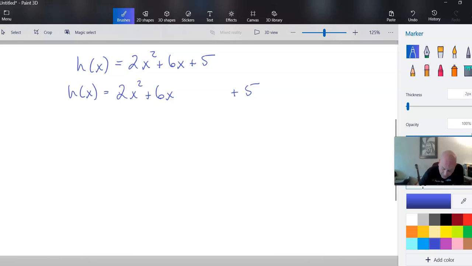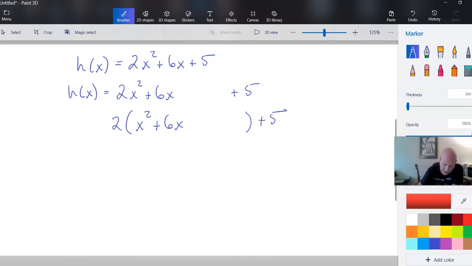Now, we need to figure out what to do with this. The problem we have is that this 2 is out here. The method we saw in the last example worked because we had a 1 as our leading coefficient. This time we have a 2. So what we're going to do is factor it out. I'm going to pull that 2 out, and that gives me x² + 6x, and then I'm going to leave my big space and put my +5 here.